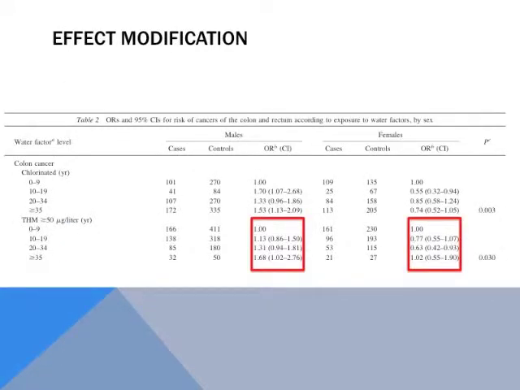This is Table 2 from our example paper, and we see that sex is an effect modifier, with exposure to chlorinated byproducts resulting in a higher odds of developing colon cancer in males compared to no exposure, while no effect or even a suggestive protective effect is observed in females.